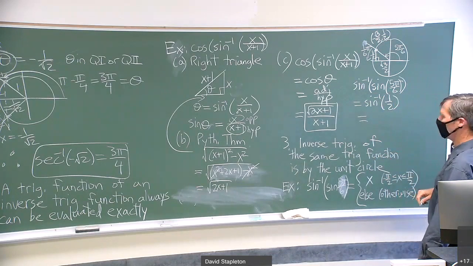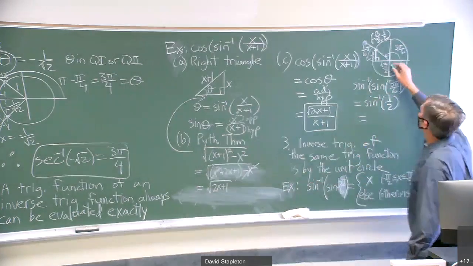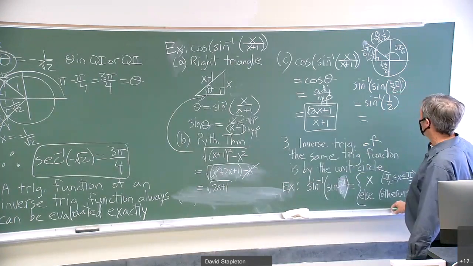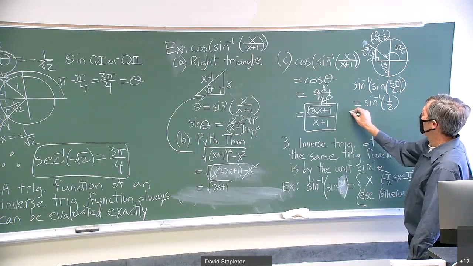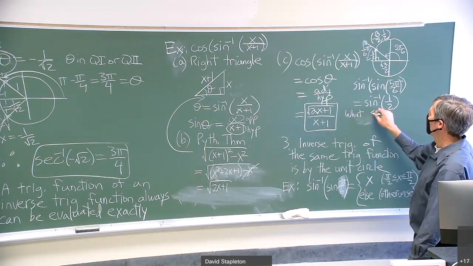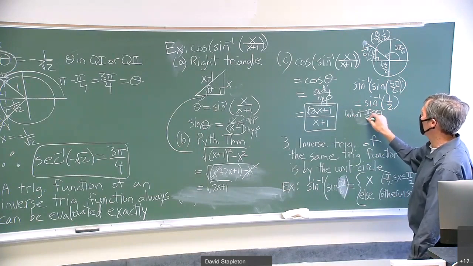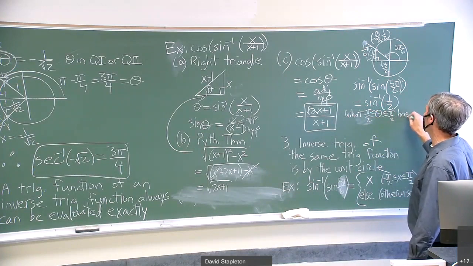What's the inverse sine of a half? I can do that on the unit circle too. Let me use a different color here. To solve the inverse sine of a half, I'm asking what theta between minus pi over 2 and pi over 2, the range of arc sine, has sine equal this number.